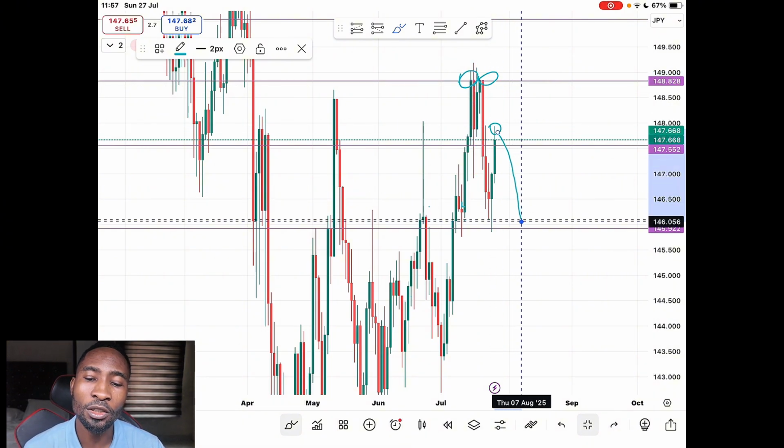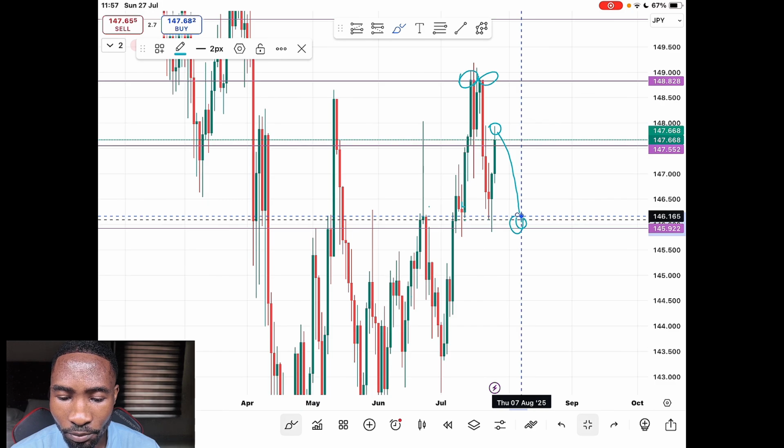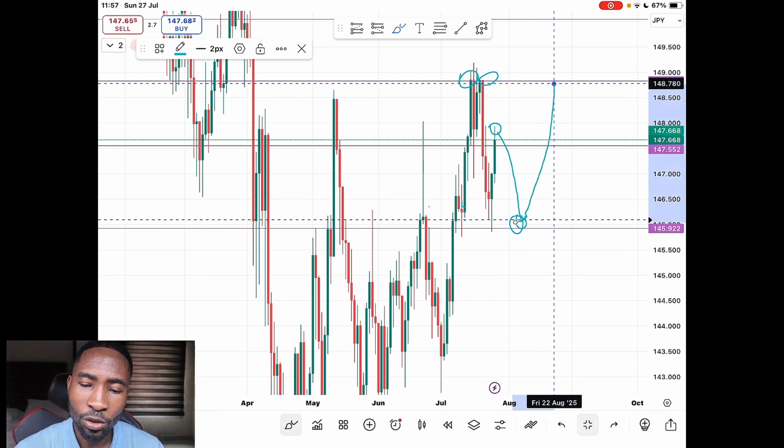A push down. In this aspect, I'm going to be watching this area, which, if it gives me an entry for sell, I will take a sell for a short time, but in the long run, I'm still expecting a buy. So this is what I'm expecting.